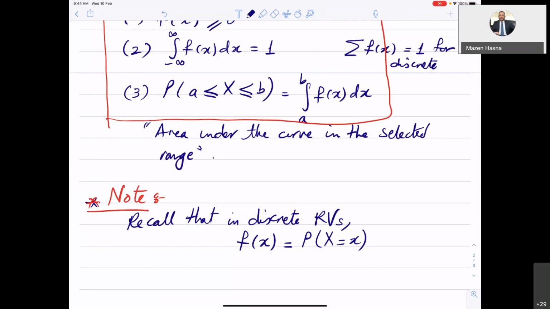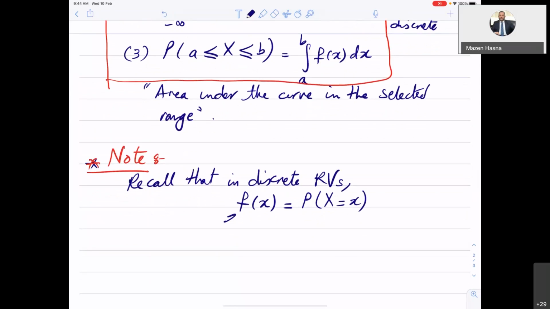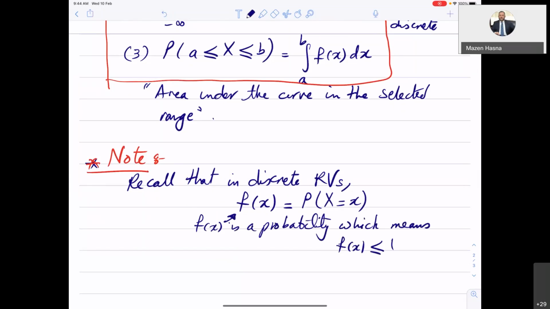So in that sense, for discrete, f of x is a probability, right? It's the probability of X equals x, which means f of x is between 0 and 1. Cannot be greater than 1, cannot be less than 0.